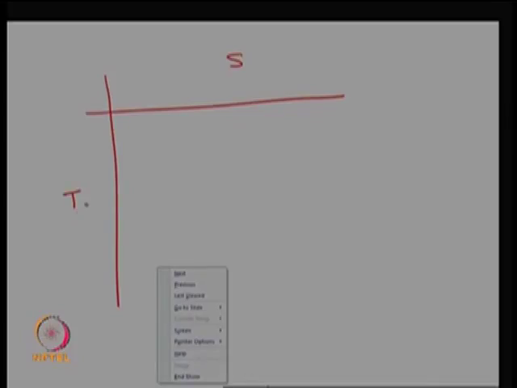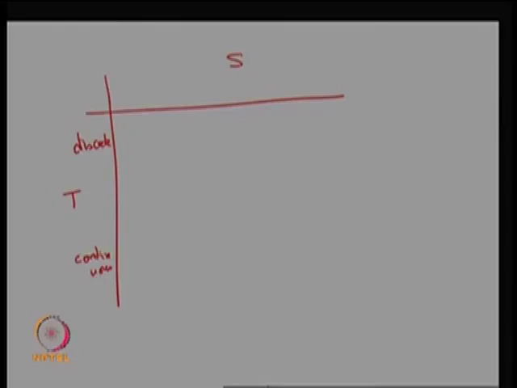So either it could be countably finite or countably infinite, for which I use the word discrete. If the possible values of t are uncountably many, either a set of all intervals, or the whole real line itself, or a union of many intervals, in that case it is called a continuous parameter.